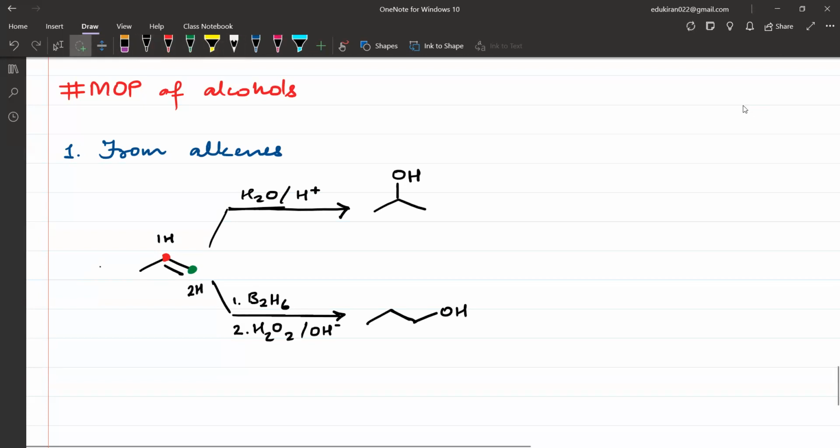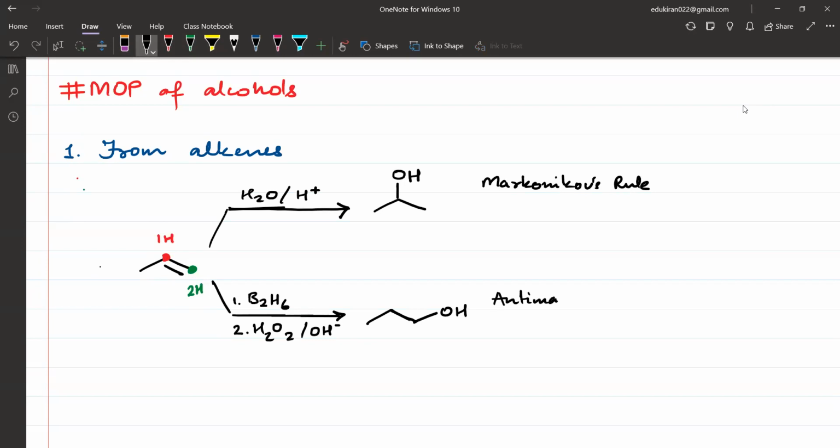The red one has one hydrogen and the green one has two hydrogen. So this is according to Markovnikov rule. This is according to anti-Markovnikov. So the reagent has changed, but the way of making the product is the same.